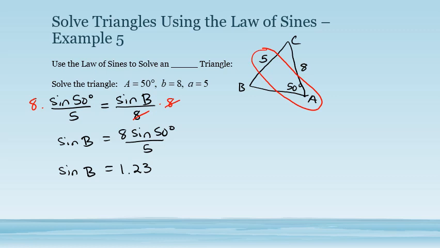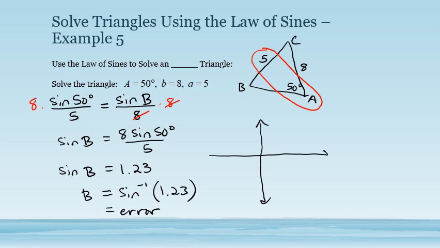Now that should raise some bells and whistles in your head. If it doesn't, well, then this will. When you put that 1.23 into your calculator, depending on what kind of calculator or graphing device you have, it's probably going to give you an error message. And the reason for that is this. If you remember our earlier conversations regarding how or what the sine even represents, we were always working on a unit circle.